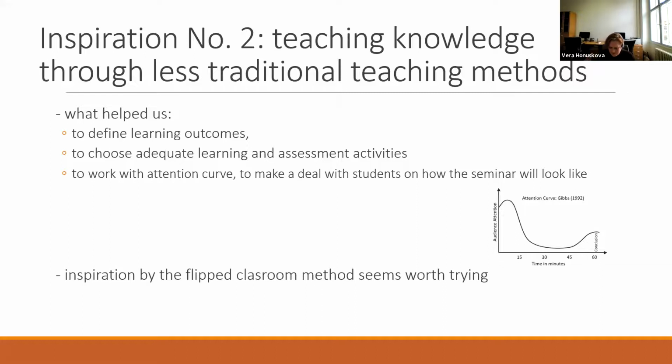Because the attention of students is sometimes lower, sometimes higher, and you can help them. You can help them by actively working with this attention curve, with changing of activities, as the attention always goes up when you change an activity. So when you know which minute you should concentrate on changing your method, it helps a lot.